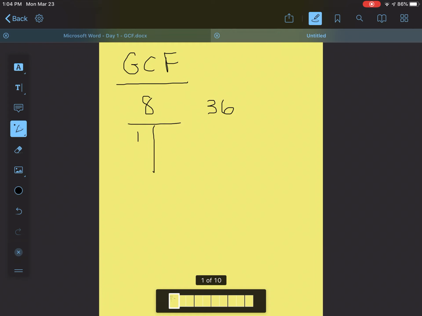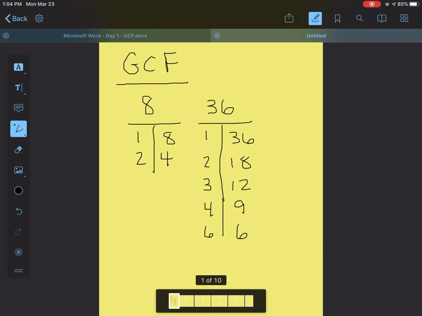So that's 1 and 8, and 2 and 4. Now I'm going to list my factors of 36. So 1 and 36, 2 and 18, 3 and 12, 4 and 9, and 6 and 6.